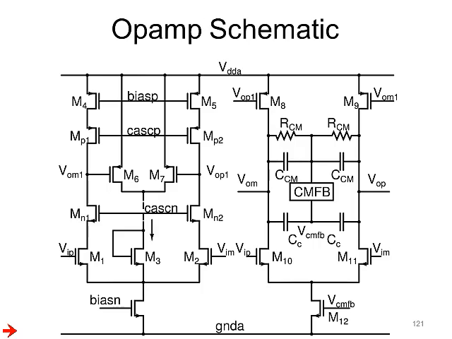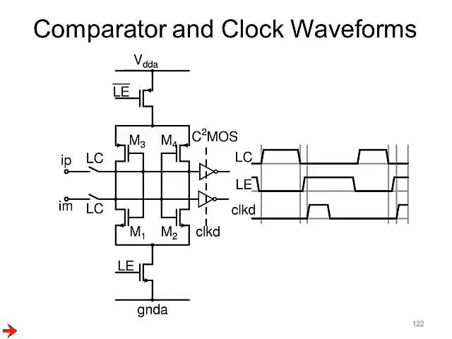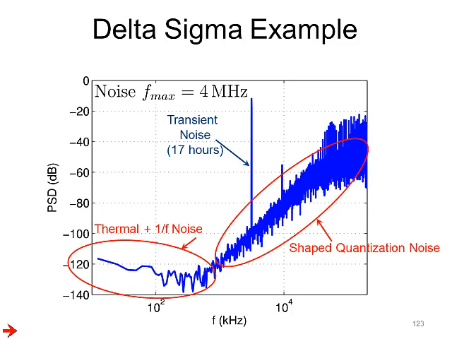As an example, I took a transistor level example with a 2-stage op amp and a comparator as shown here. The circuit details are not important, and I ran a transient noise analysis, and as you can see at the output, the in-band noise is dominated by thermal and 1/f noise sources.